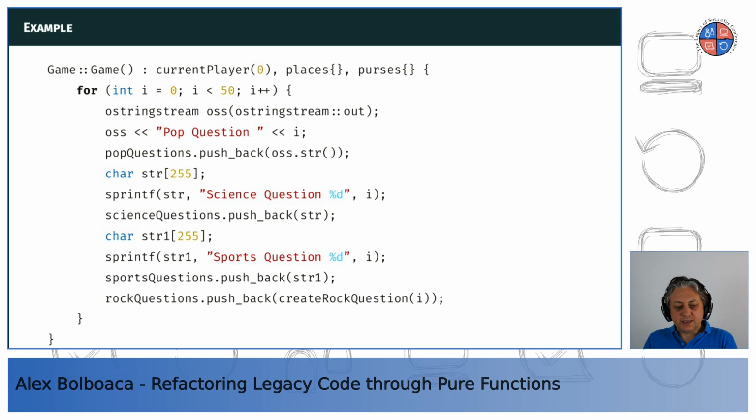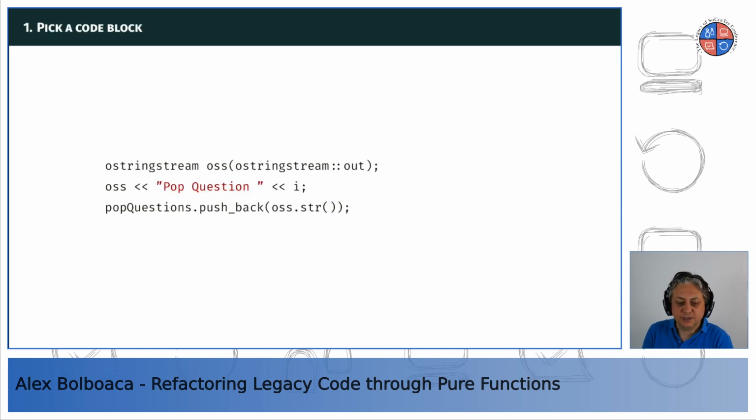So let's take the example of trivia once again. You've probably seen this before. I'm just going to pick one part of the code, which is this. Basically, well, I know the code, so I know it creates pop questions.